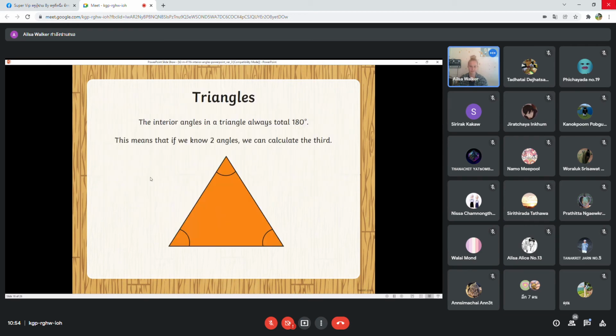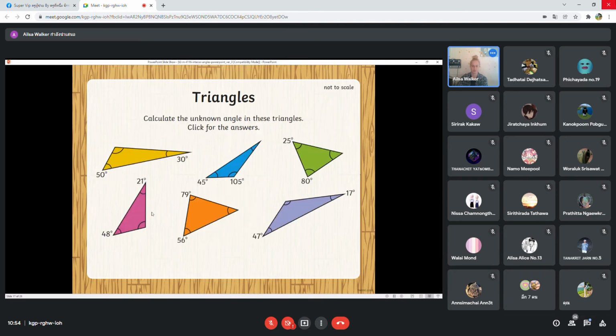So for triangles, the interior angles always total 180. So we can work out the other angle if we know 2. So for the first triangle, 50 plus 30 equals 80. Good, 80. So the missing angle is 100.